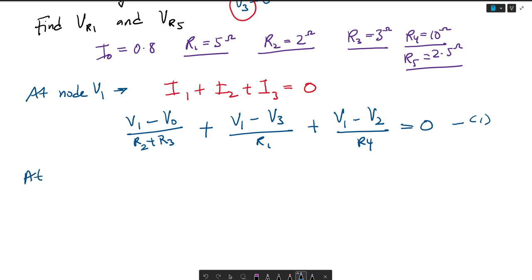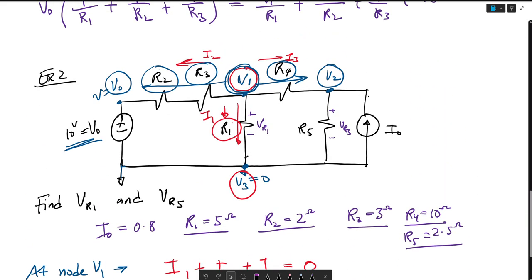And then at node V2, we can consider some new currents. In terms of V2 going out, this is I4, this is I5, and this here is I6.